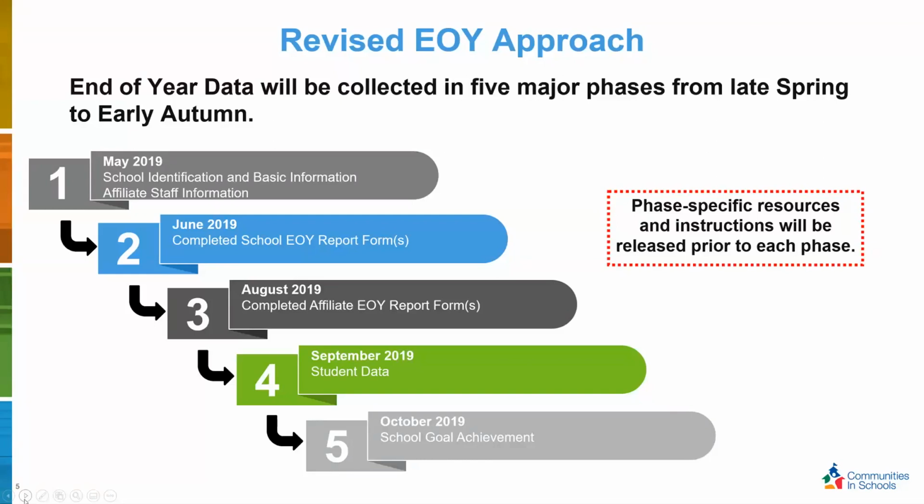Other information, like in phase 4 student data, I know that sounds very vague, but that's really going to capture all of the information that we collect on students that we ask you for at the end of each year. But most of that will have been entered by the site coordinators throughout the school year. So that would include the gender and race demographic information, the goal achievement for the students for each goal, the number of students who graduated, that kind of information.